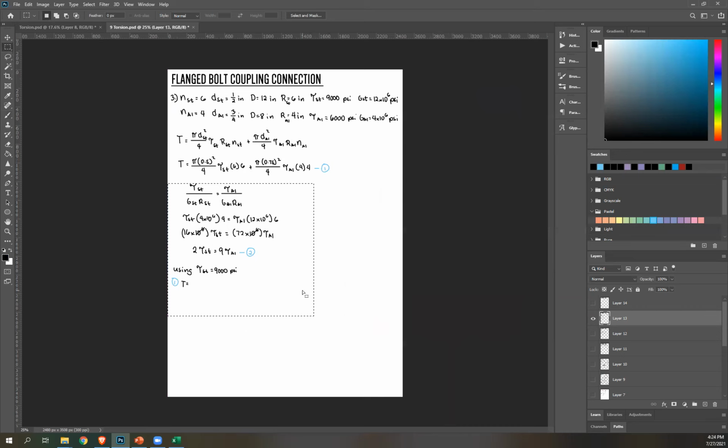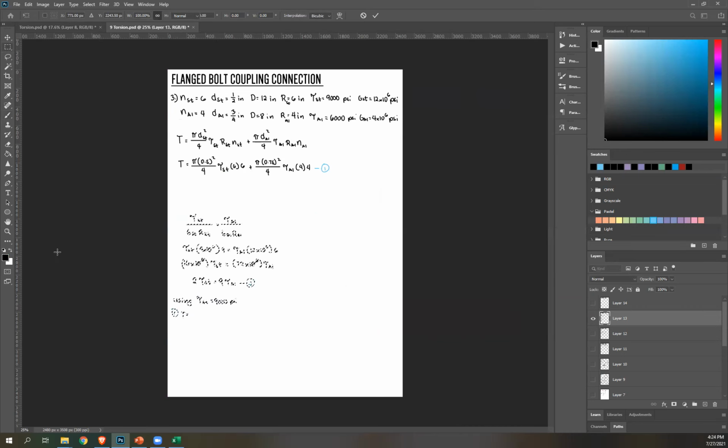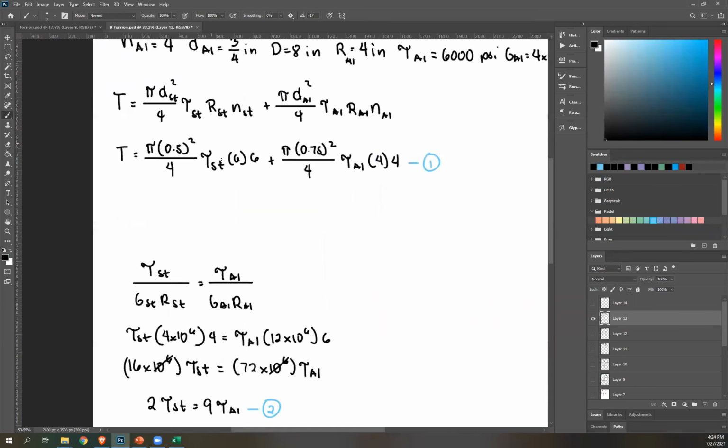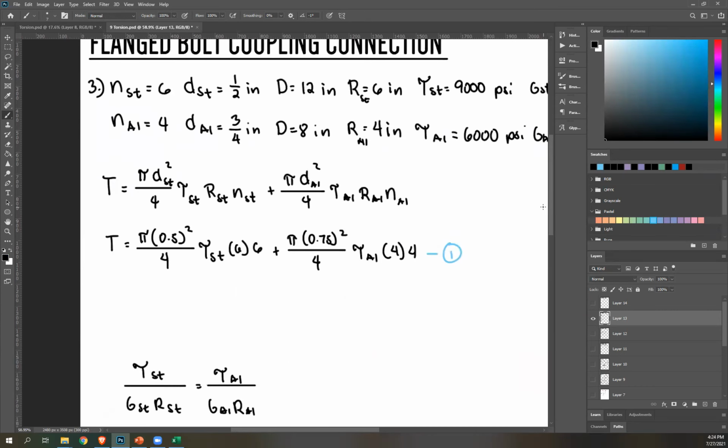Let me simplify. Okay, let's simplify. Pi over 4 times 0.5 squared times 6 times 6, that's 9 pi over 4.